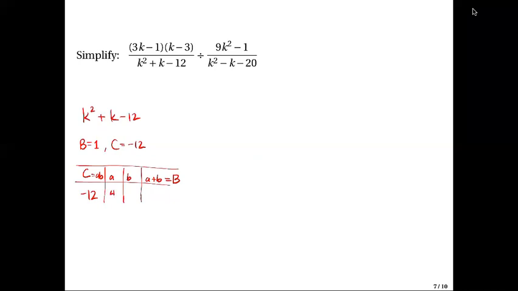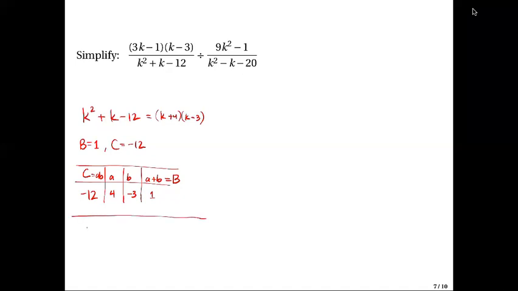We have 4 and negative 3. If you add them, you'll just get positive 1, which is precisely the B. So for this, you have k plus 4 times k minus 3.